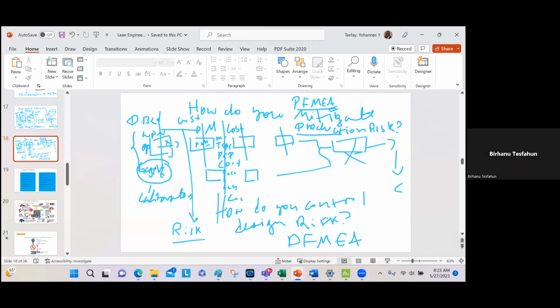If there are any processes in the production layout that don't add anything to the customer, you can eliminate them.